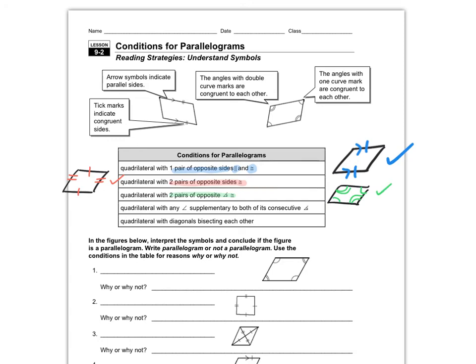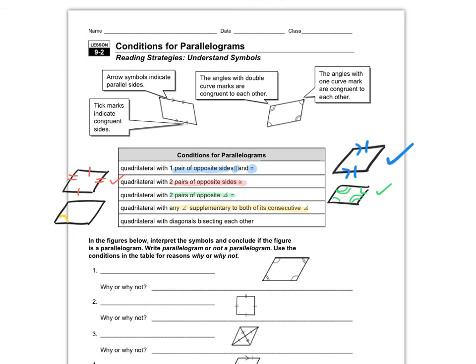Next, if a quadrilateral has any angle that's supplementary to both of its consecutive angles, then it's a parallelogram. Let me draw that one. So for this one, the picture makes a big difference. First, I'm going to take a look at an angle. Let's look at this angle right here. Now, what this condition says is if that angle is supplementary to both of its consecutive angles, this is a parallelogram.